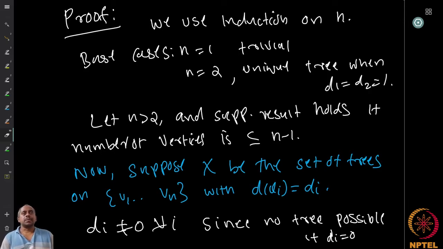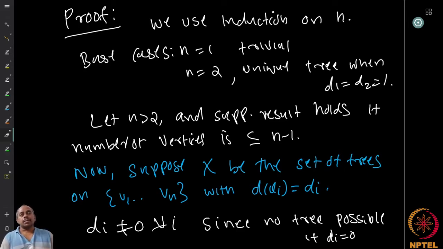n is strictly greater than 2. We have proved 1 and 2. And now suppose the result holds if the number of vertices is less than or equal to n minus 1. So if the number of vertices is strictly less, then it holds.